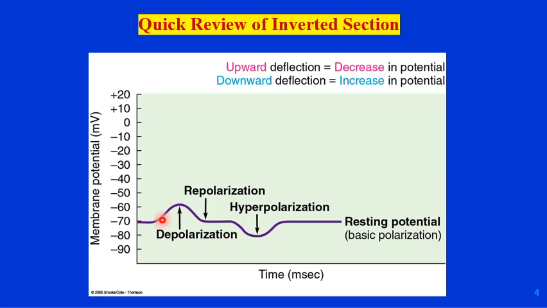When something goes up in the voltage scale, you are depolarizing the membrane. On the other hand, if you cause some channels to open and your membrane potential gets more negative, so going down, you call that a hyperpolarization. You also call it an inhibitory signal. Okay?